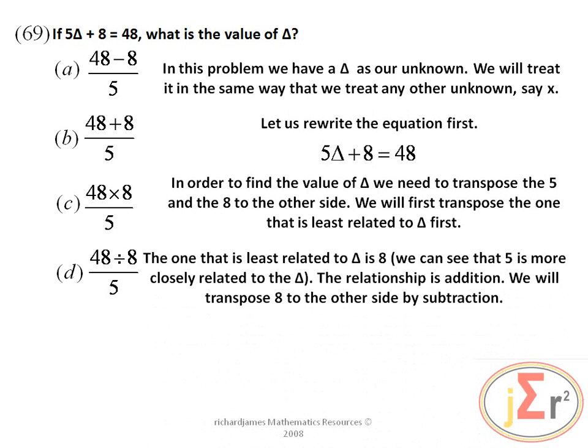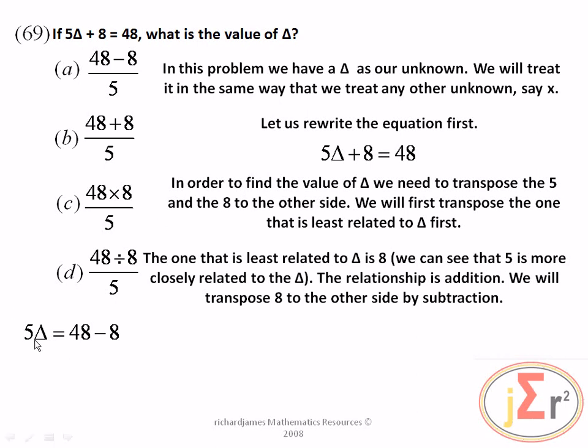The relationship is addition, triangle plus 8. We will transpose 8 to the other side by subtraction. So 5 triangle is equal to 48 minus 8. So we are actually transposing this positive 8 to the right hand side. By so doing, we will be subtracting 8 from the right hand side.